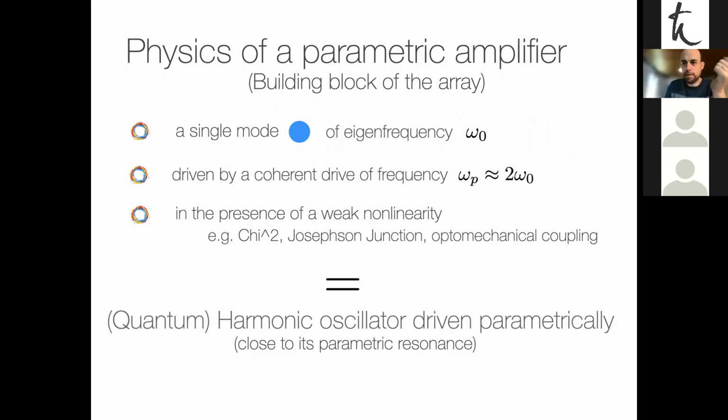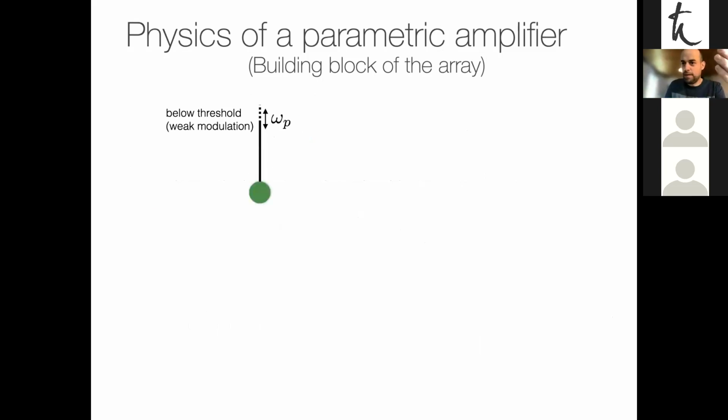You can view it just as a nonlinear oscillator with a natural frequency ω0, and you're driving it at close to twice its natural frequency. You need an essential ingredient, some kind of nonlinearity. The simplest example of this is just a pendulum that is modulated by changing its length.